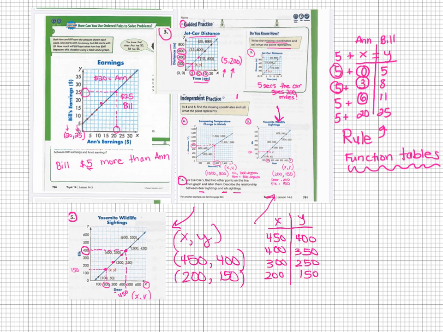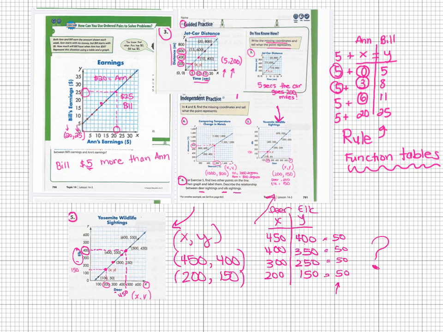So we have enough here where we can decide what the pattern is. And so what I notice is there's 450 minus 400 equals 50. 400 minus 350 equals 50. 300 minus 250 equals 50. And 200 minus 150 equals 50. So do you think we have a pattern? Yes, there's a pattern here, and it has to do with this number 50, right? So what do we say here? We know that the y value, we go over to a table, is what? The y is elk. Okay, and they're deer.